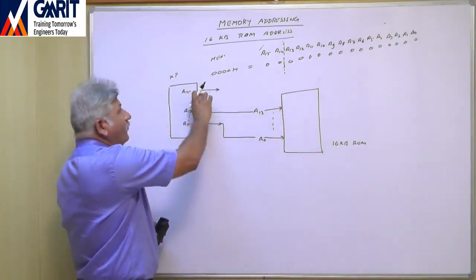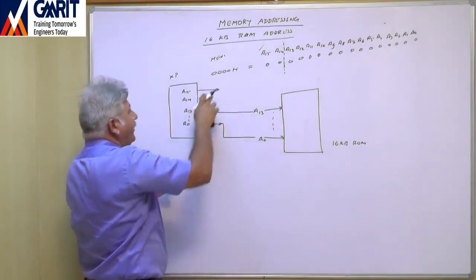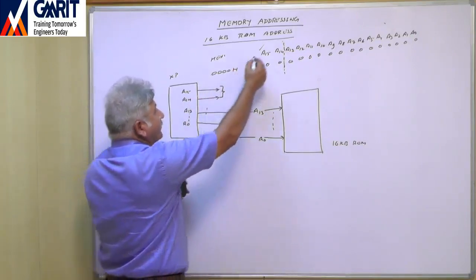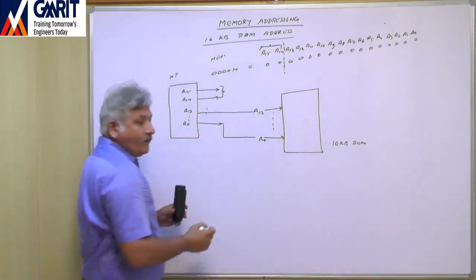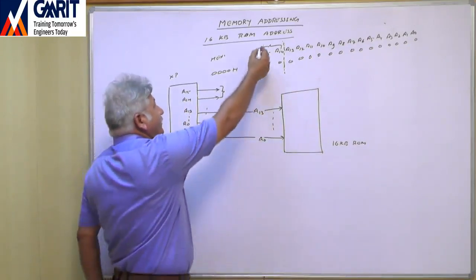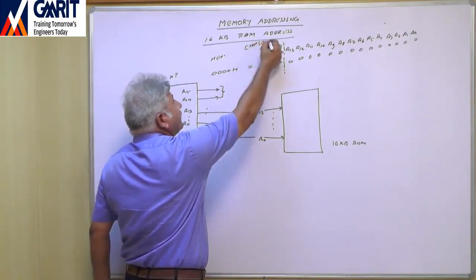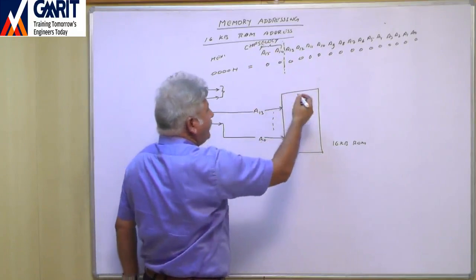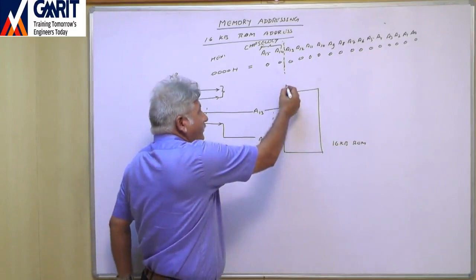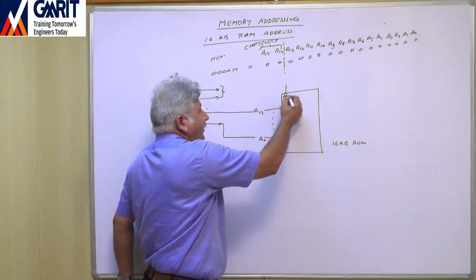Now, the leftover address lines are A14 and A15. These two lines are used for selecting this ROM, that is, for chip selection. Already in the last lecture we discussed that in this ROM there is a pin called chip select, which is an active low pin.